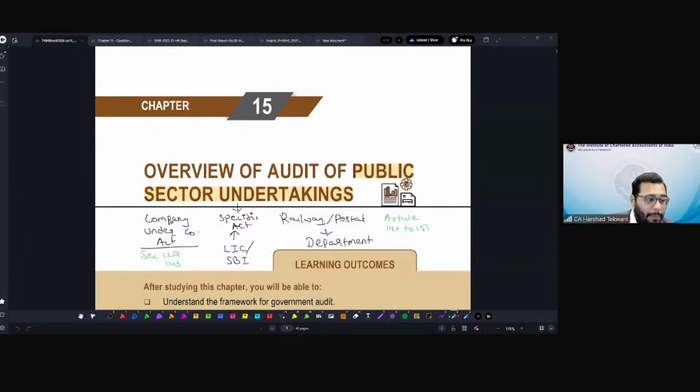It can be companies under the Companies Act, corporations under a specific act, a department, a function, or a program. It can also be set up under the Constitution of India. So all three fall under the definition of public sector undertaking.